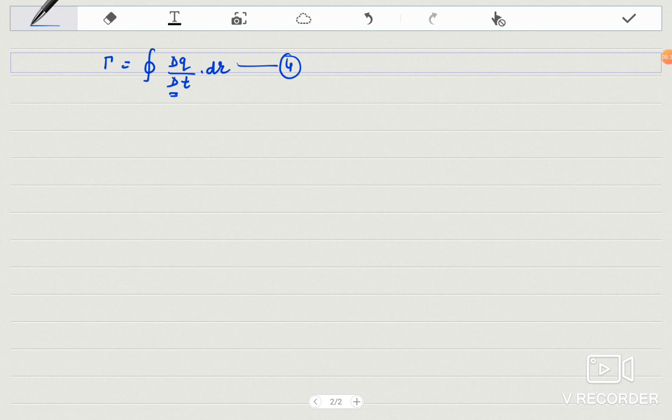For this dq/dt, for ideal homogeneous fluid, the equation of motion. Do you remember who gave this equation of motion?